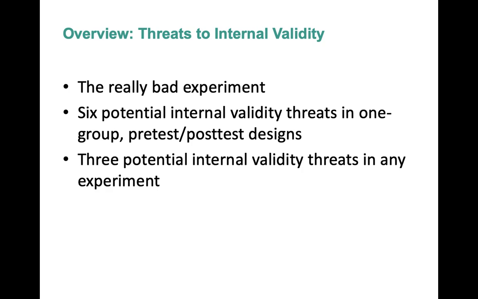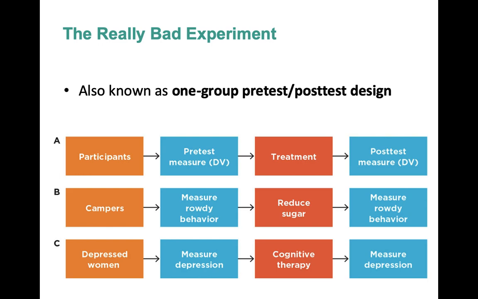And if you don't have a comparison group, you only have a single group, that becomes a really bad experiment because it is vulnerable to these 6 potential threats to internal validity. I'm also going to review 3 other threats to internal validity that can be found in any experiment. But for the first part of this lecture, I'm going to focus on these 6 potential internal validity threats that are found in a one-group pretest post-test design.